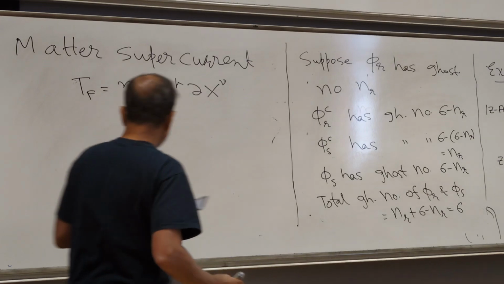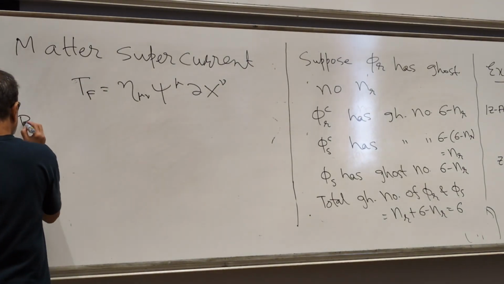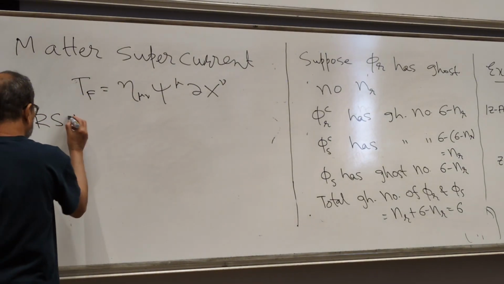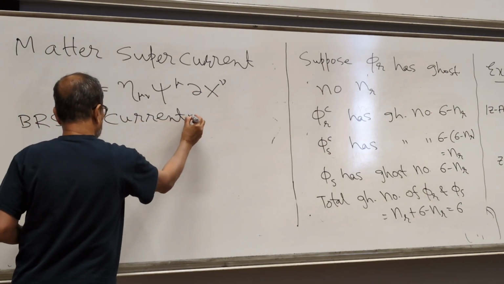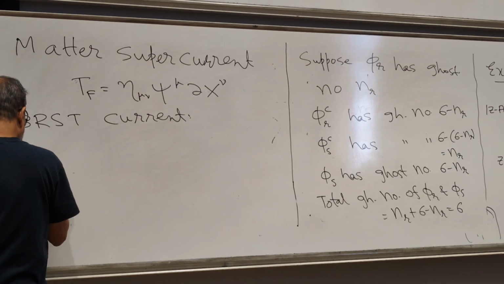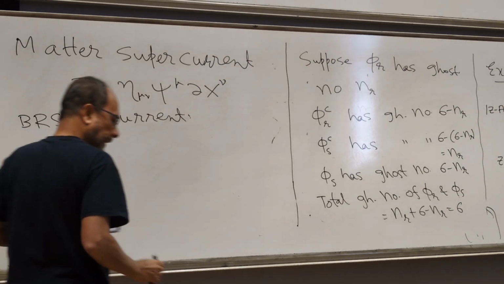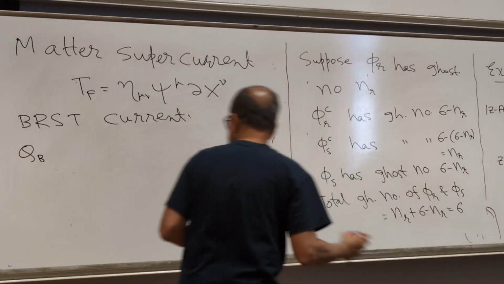And with this we can write the BRST current and QB. Let me write the expression for the current first.